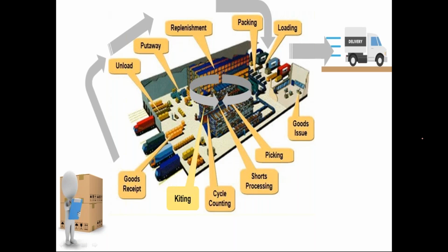So likewise, you have many processes in EWM, like we have something related to kitting. A kit is nothing but a group of products. There is a difference between an assembly and a kit. An assembly is something which is in a ready to use condition, whereas a kit is what components are needed in order to produce an assembly. It's like, for example, you buy a TV set. In a TV set, what are all the components you'll have?